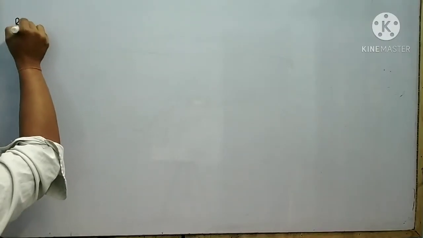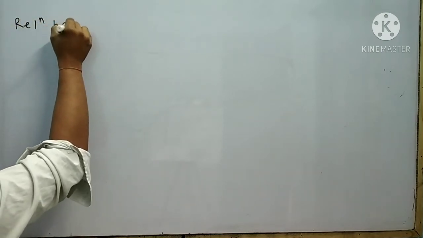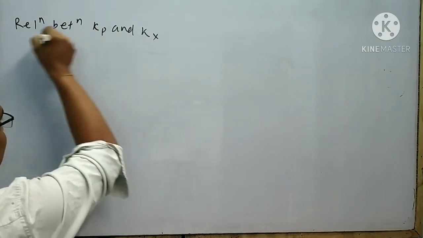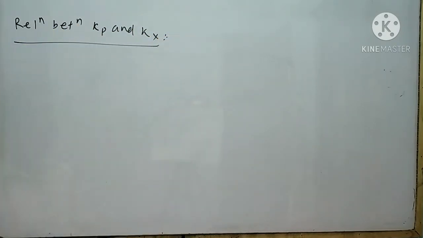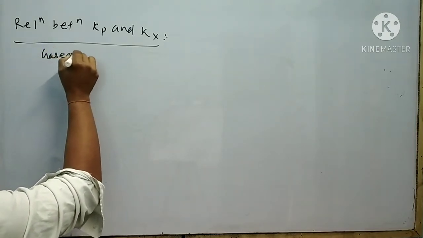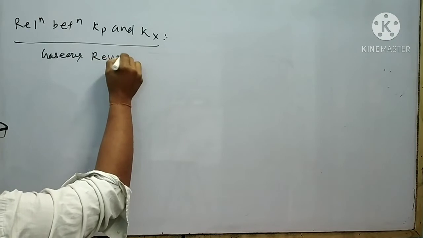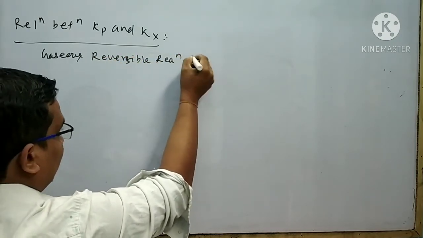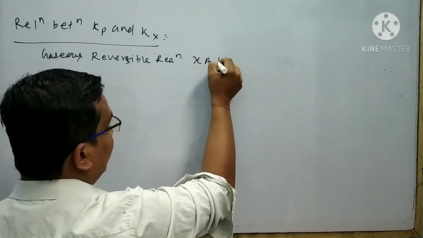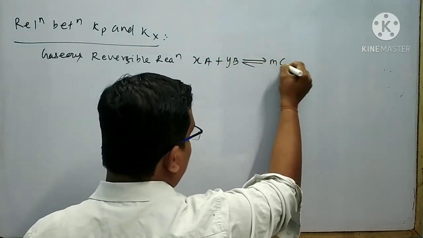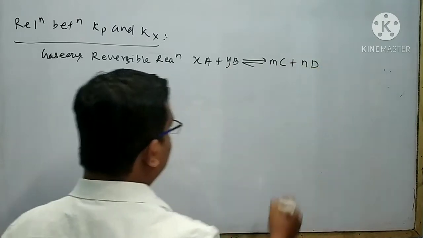Now I want to explain the relation between Kp and Kx. What is the relationship between Kp and Kx? Suppose take a gaseous reversible reaction: XA plus YB gives MC plus ND.